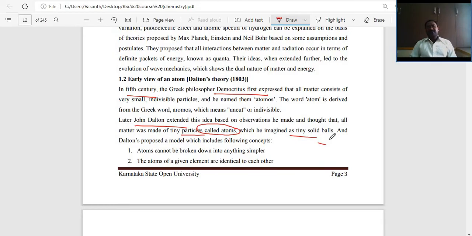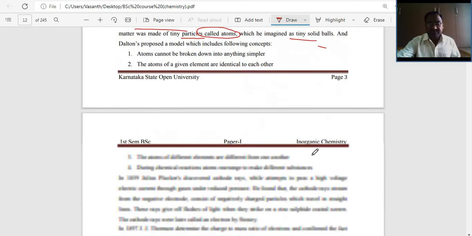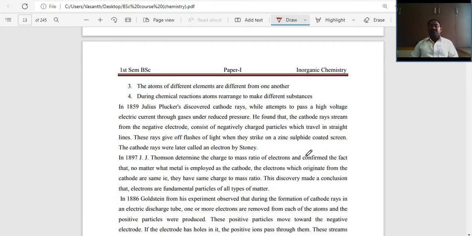According to him, atoms cannot be broken down into anything simpler. The atoms of a given element are identical to each other. The atoms of different elements are different from one another. During a chemical reaction, atoms are rearranged to make different substances. Finally, during a chemical reaction, atoms can neither be created nor be destroyed.